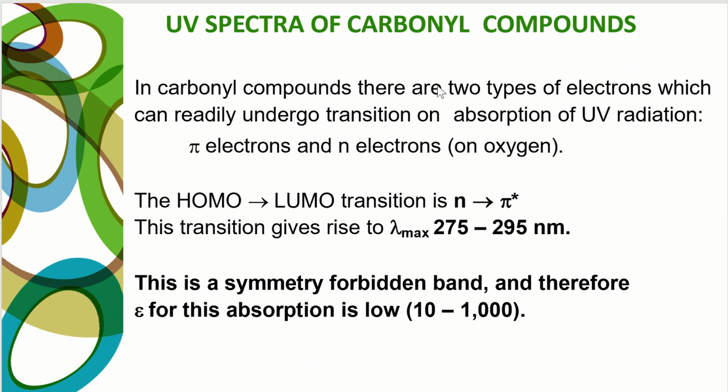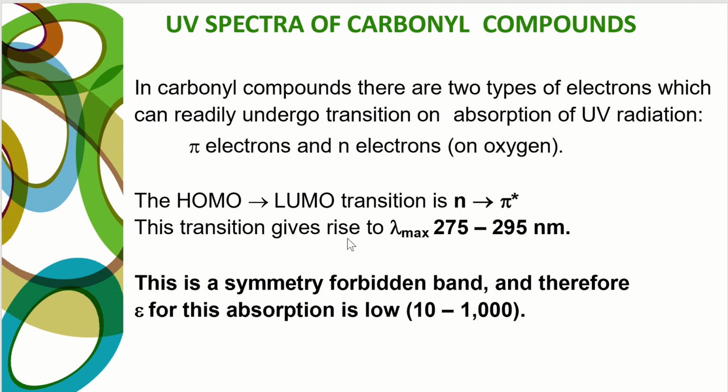All right, so let's look at the UV spectra of carbonyl compounds. In carbonyl compounds, there are 2 types of electrons which can readily undergo transition on absorption of UV radiation: pi electrons and n electrons on oxygen. The HOMO to LUMO transition is n to pi star.